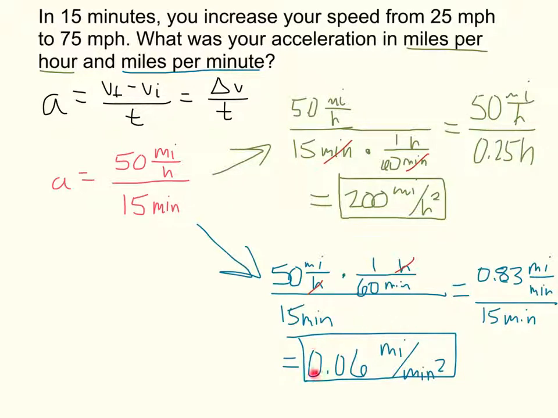And that's what we're looking at here. So either way, we're going to come up with some obscure answers. Personally, I believe this one makes a little more sense because we're used to miles per hour, not miles per minute. But this is an example of how you would calculate your acceleration in two different units.